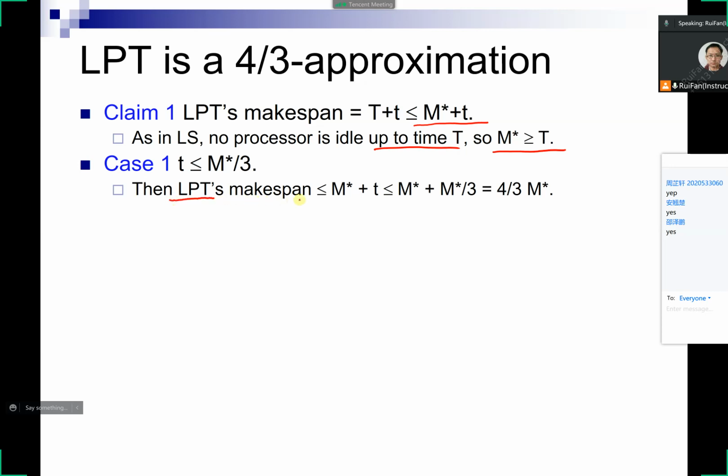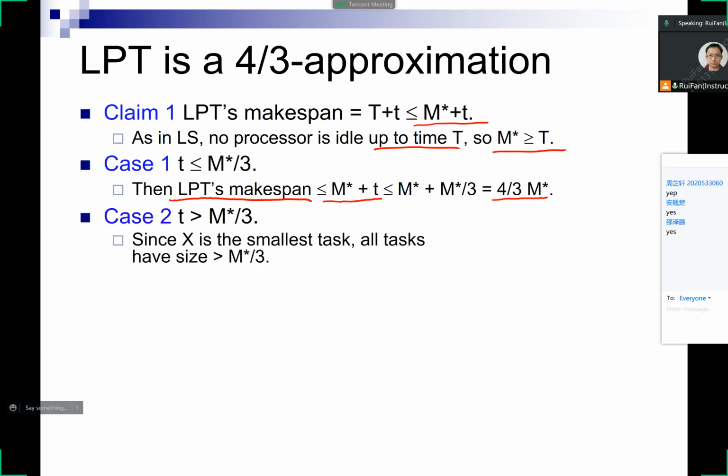In that case, LPT's makespan is no more than M star plus t, and if t is no more than M star over 3, then LPT's makespan is no more than 4/3 of M star. So if the final job is small, we automatically get this 4/3 approximation ratio.